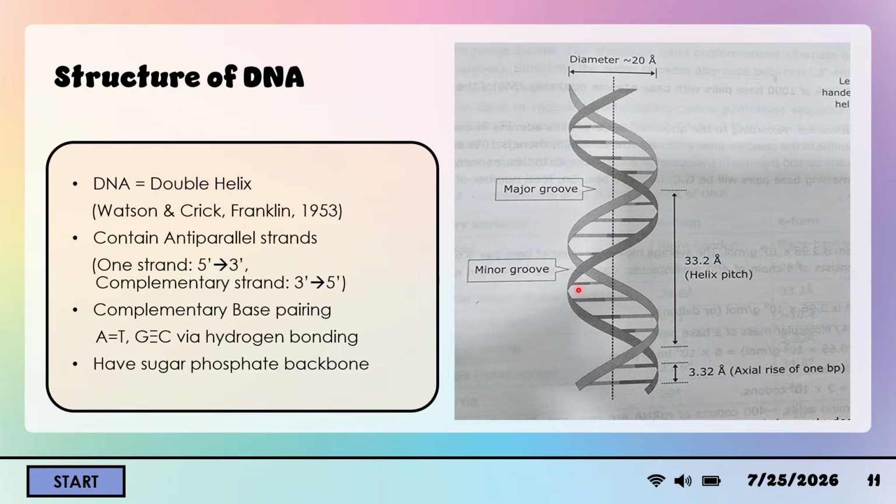The nitrogenous bases are facing inward, so they are not going to decide the basicity or acidity of the DNA molecule. The phosphate groups are outside, so they will release the H plus ions, which is why only the phosphate groups will decide the basicity or acidity of the biochemical molecule, that is DNA here.